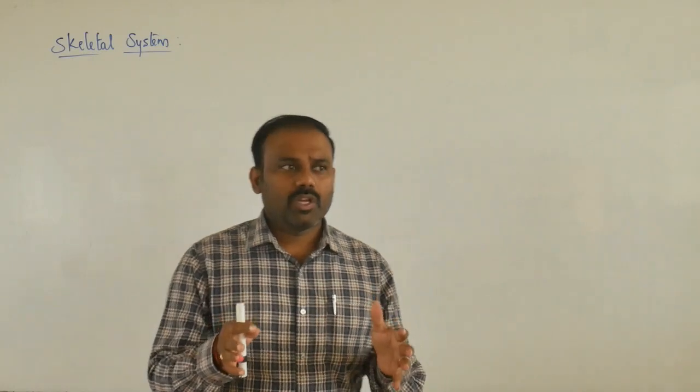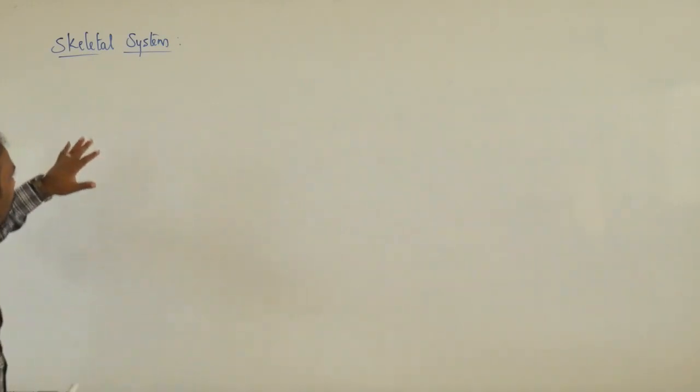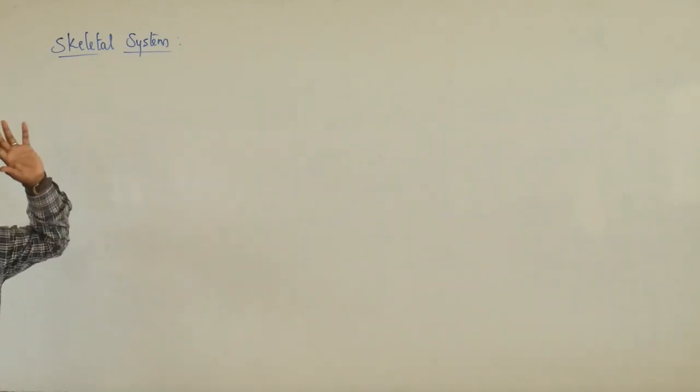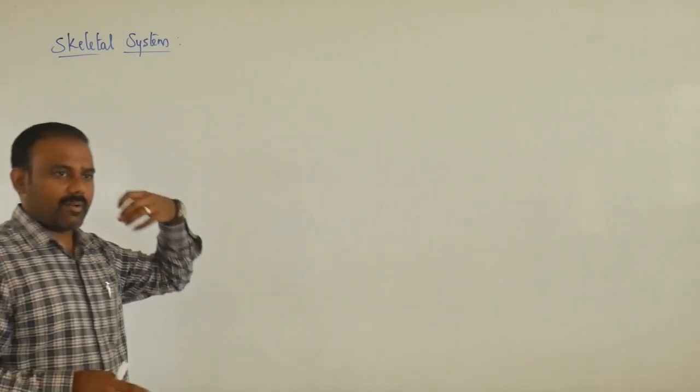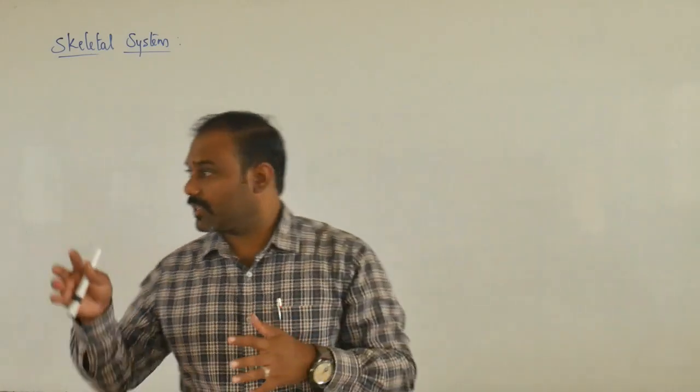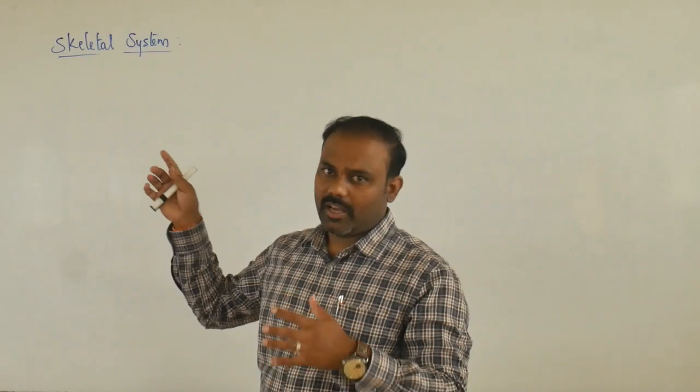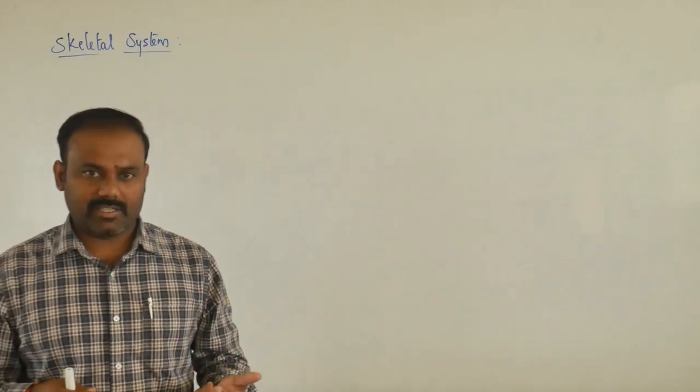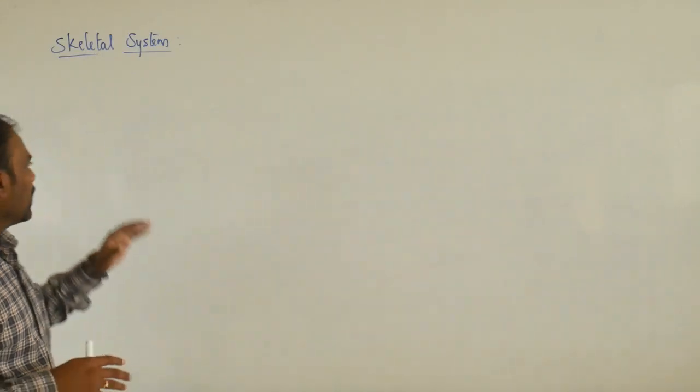Today we are moving on to one more very important topic, that is the skeletal system. In our body, particularly the human skeletal system, I mean to say, in human beings, what are the different bones and cartilages present, can be discussed in today's topic.